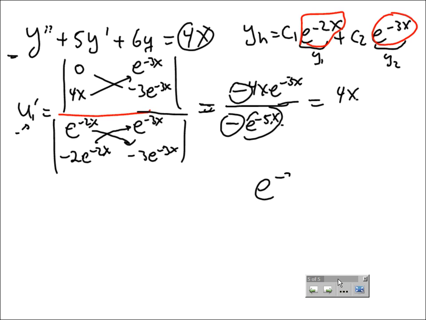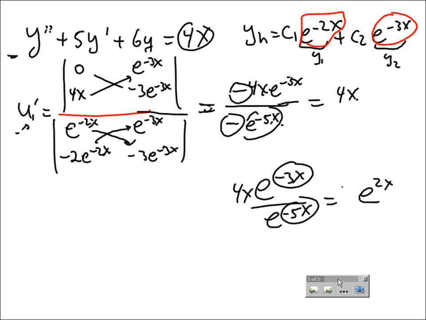Now, if the bases are the same, and they are right now, you should subtract the powers. This minus that is 2x. And the 4x, there's no reason why it wouldn't stay. So that is u sub 1 prime.